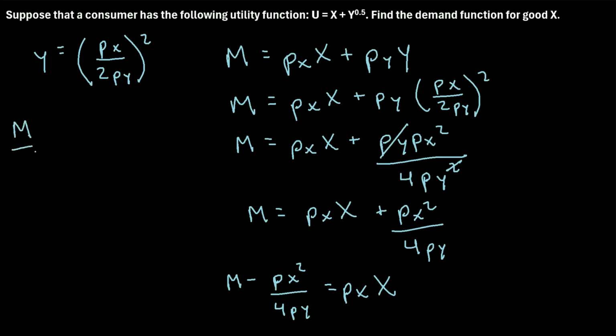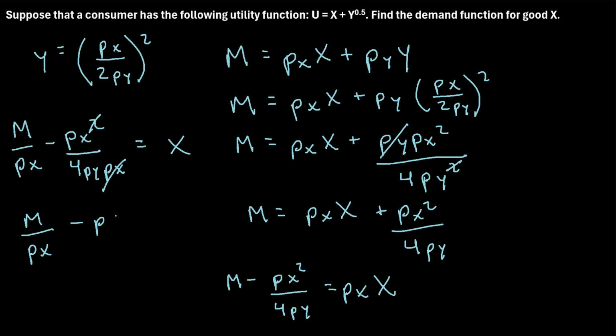We'll have M divided by the price of x minus the price of x squared over 4 times the price of y times the price of x, which will be equal to x. We can cancel out one of the price of x's in the denominator and one in the numerator. So we'll be left with M over the price of x minus the price of x over 4 times the price of y is equal to x. So this is the demand function for good x.